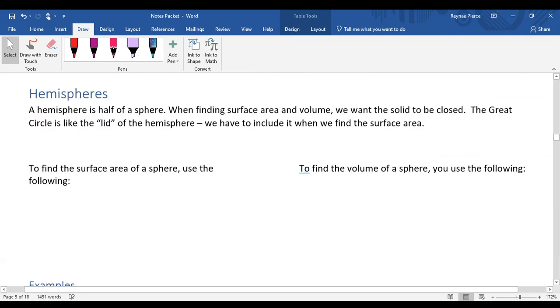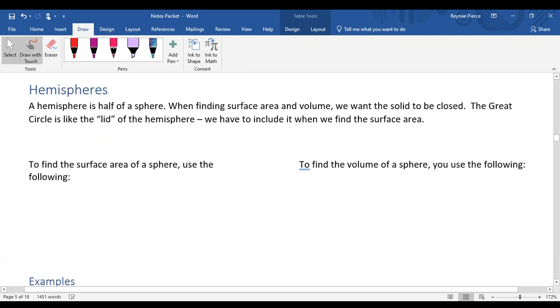And we're going to get into hemispheres. A hemisphere, you are cutting a sphere right in half, right through the center. This is going to be a closed solid. And so when we think about a whole sphere, it's 4 pi r squared.